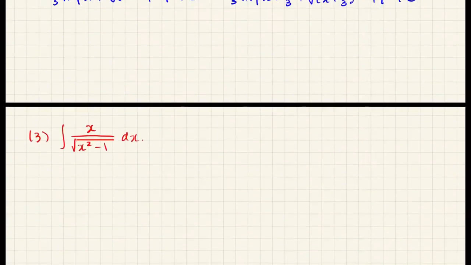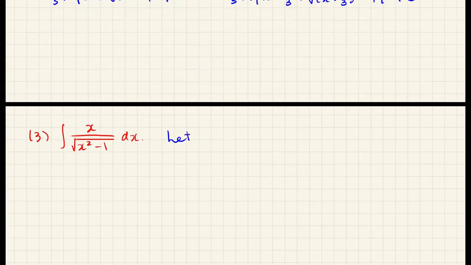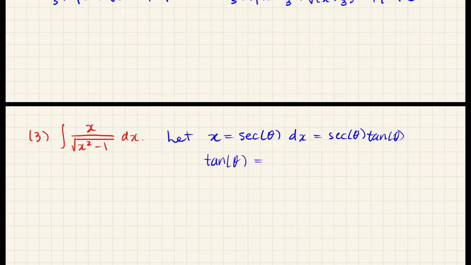So I'm going to let x be equal to secant theta. That means dx is equal to secant theta tan theta d theta, and tan theta has to equal the square root of x squared minus 1.